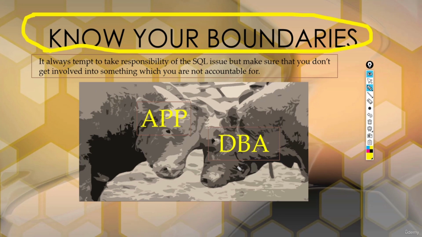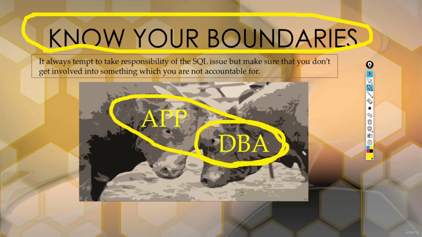Some organizations may ask their DBAs to perform only database administration tasks. Some organizations may blend both application and DBA tasks and ask the DBA to perform both. So it is your responsibility to check what are all the roles that you are accountable for.